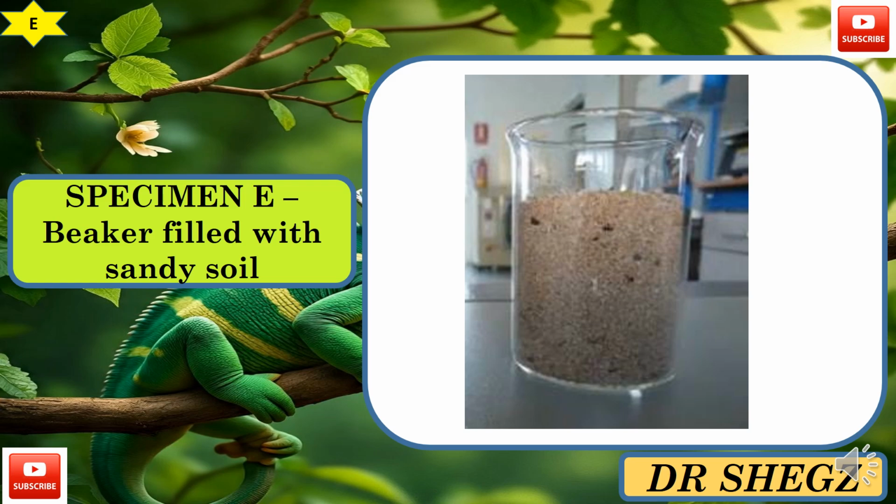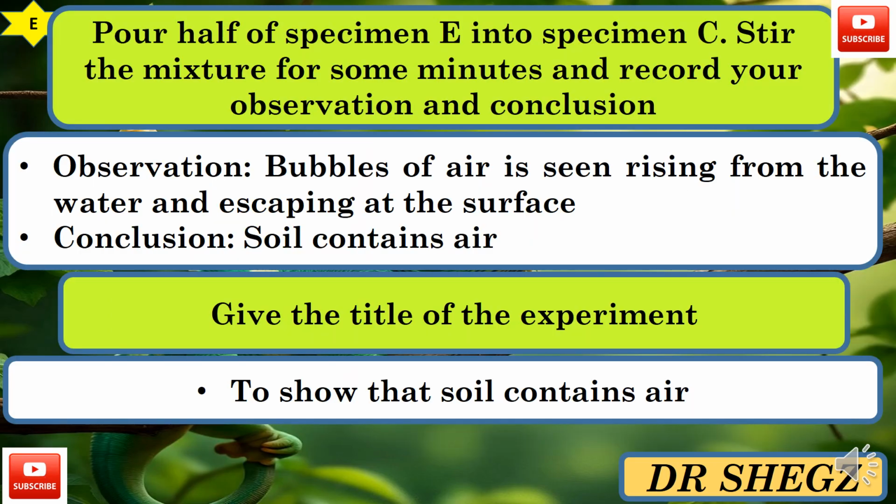So specimen E, of course, the beaker filled with sandy soil. Now, there's a very low chance of them setting this question, but we'll revise it all the same. So pour half of specimen E into specimen C water, stir the mixture for some minutes and record your observation and conclusion.